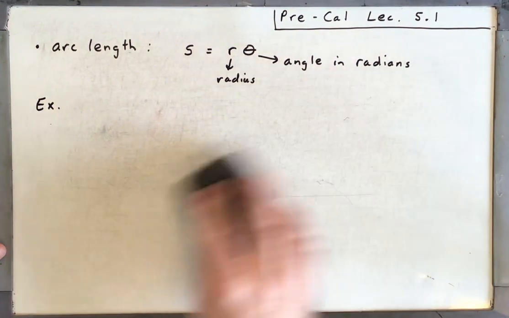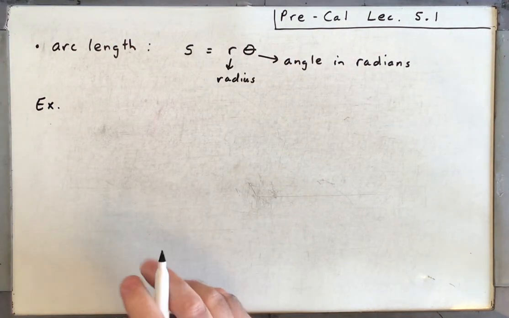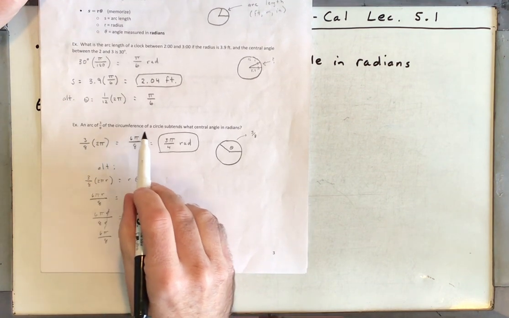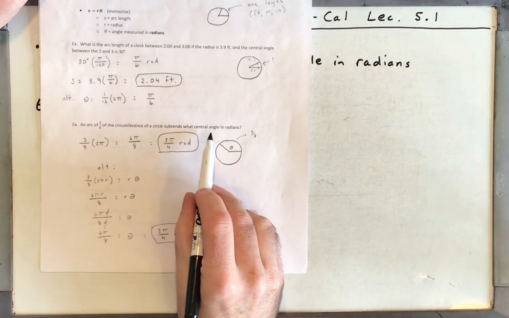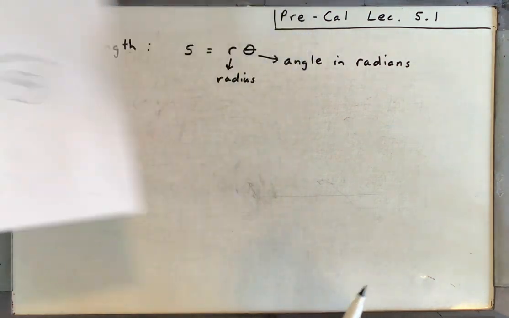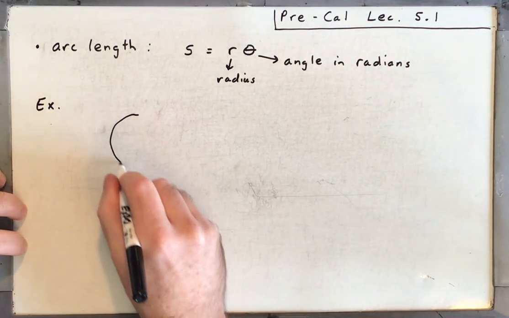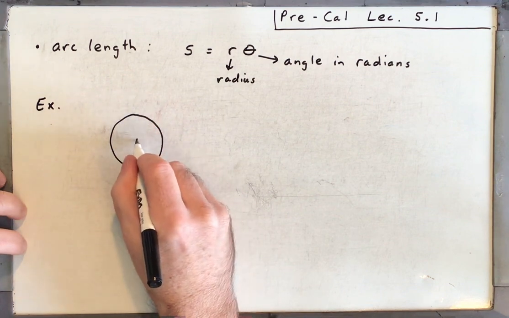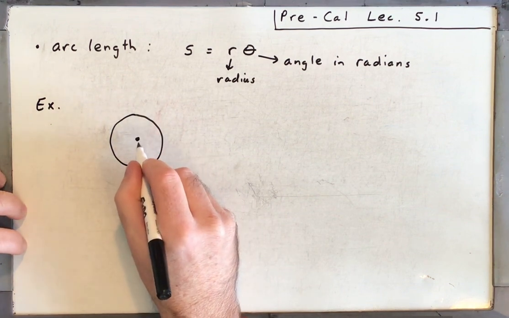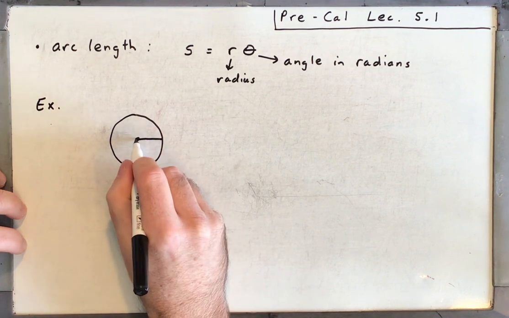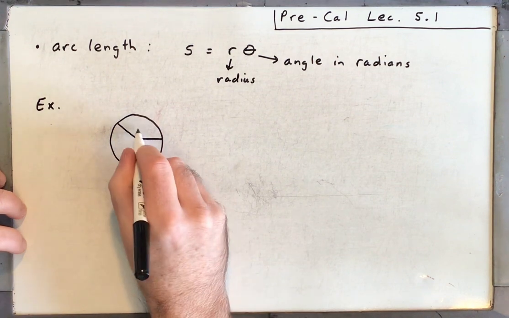All right, let's do one more, and then that'll finish up the lecture. So it says, an arc of 3/8 of the circumference of a circle subtends what central angle in radians? Okay, so if you want to think of, here's the center of the circle. 3/8 would be, I don't know, a quarter is straight up, so 3/8 is going to be something like that.